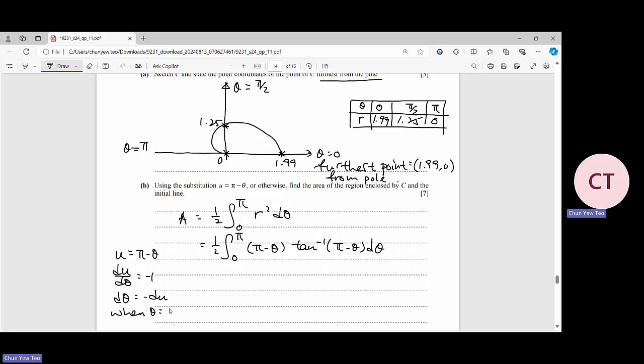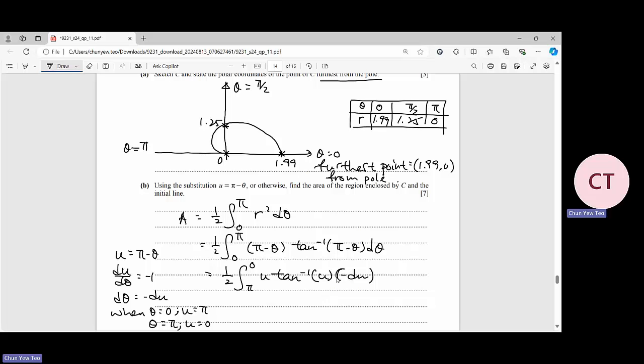When theta equals 0, your u is pi. When theta is equal to pi, then your u is equal to 0. So from here, you can change it to become integral from pi to 0 of u arctangent of u, and negative du.